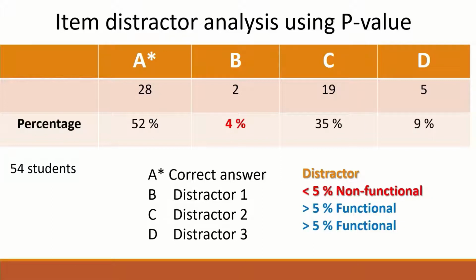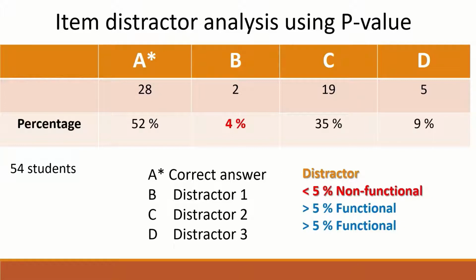This slide shows an example of item distractor analysis using the p-value or the percentage value. There are 54 students participating in the test and answering a multiple choice question that has 4 options, A, B, C, D. A is the correct answer, and B, C, and D are the wrong answers, so they are distractors.